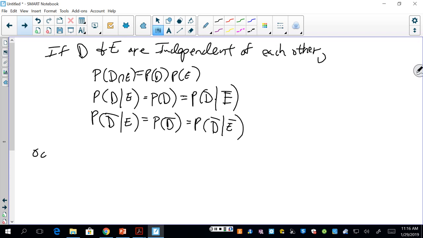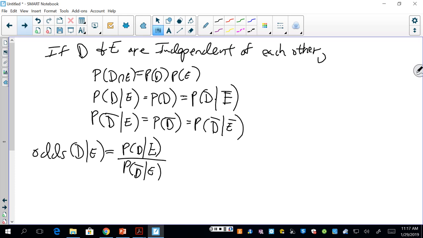So if we have the odds for the disease among those that have the exposure, it's the probability of D given E over the probability you don't have the disease given E. So that, just in general, is the probability of disease over the probability of no disease. It doesn't depend on that. There's some rate of disease in the population, 1% or something.